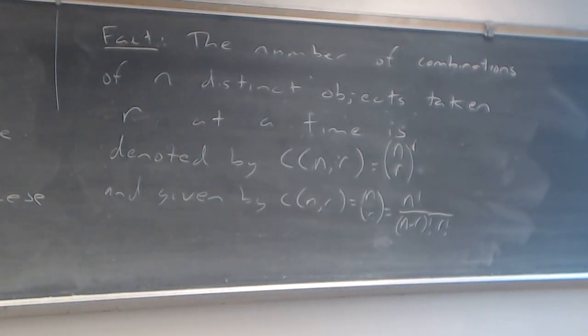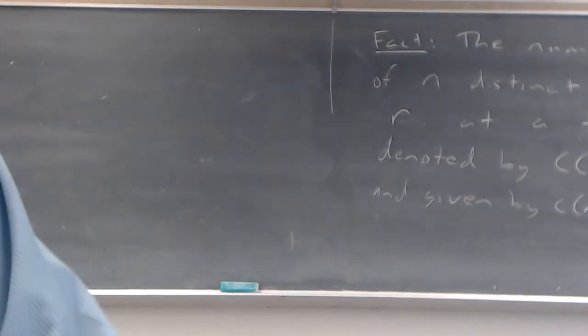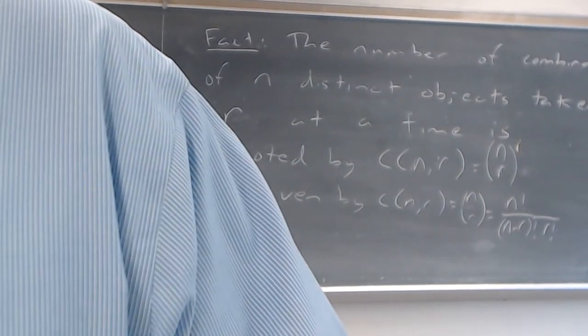So there are a lot fewer combinations than there are permutations. And that makes sense because for permutations, you're saying that the order distinguishes, but for combinations it doesn't. Matter of fact, let me say one more thing about that.